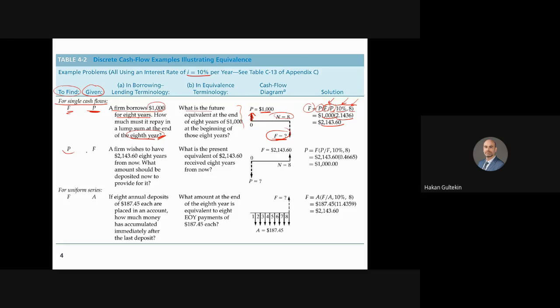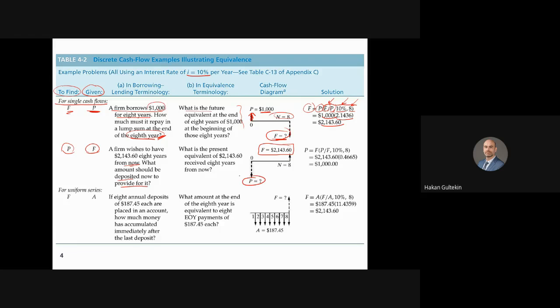In opposite to this one, we may have this scenario, future value is given, and we want to find the present value. For example, a firm wishes to have $2,143.6 8 years from now. So in the cash flow, after 8 years, we want to have this future value. Then what should be the amount that we should deposit to the bank account for 10% interest rate now?